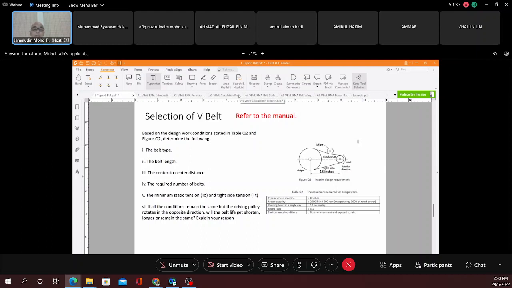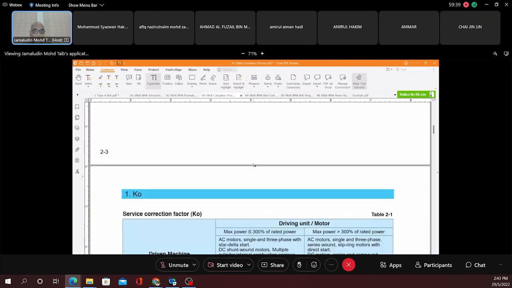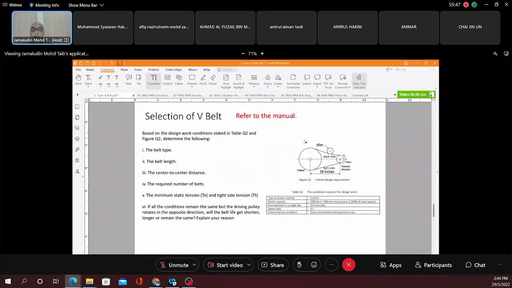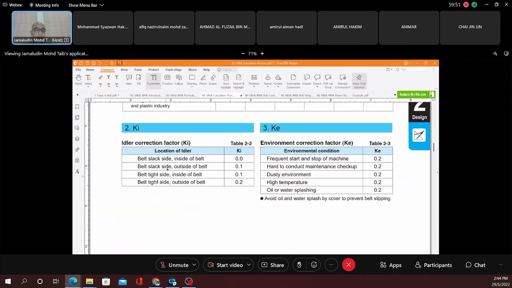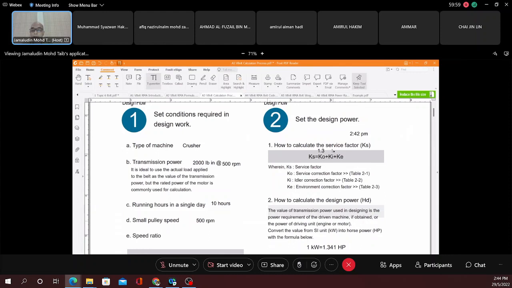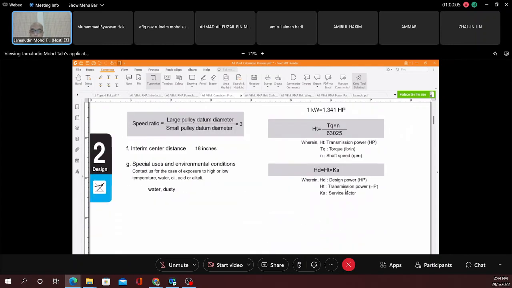Your idler is going to be positioned on the outside, not inside, because this is the outside of the slack side. Slack side, outside: 0.1. So KI is 0.1 here. Environment: there are two environments here.